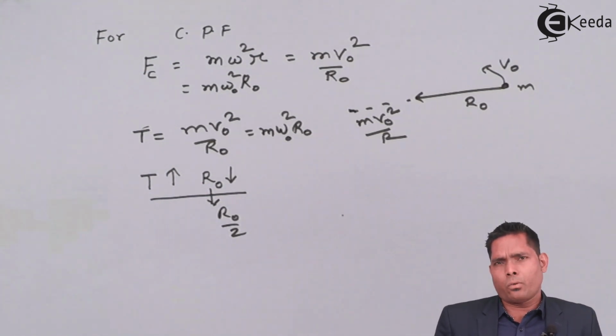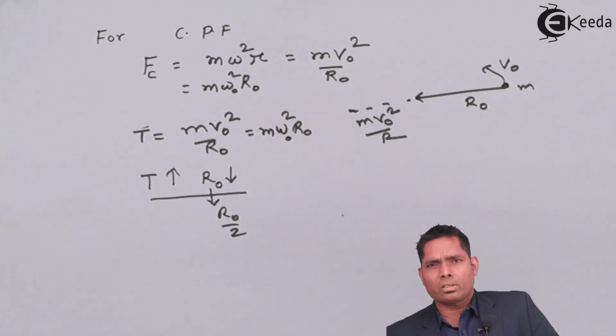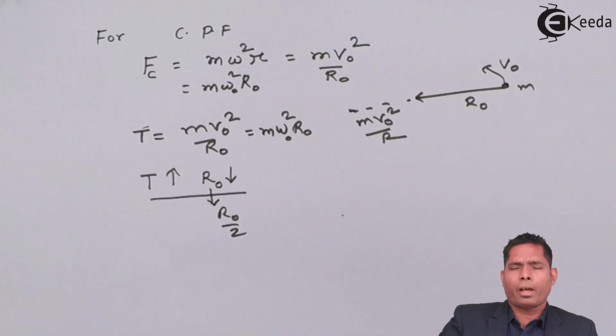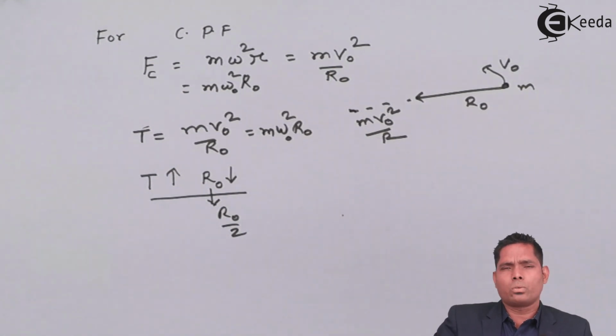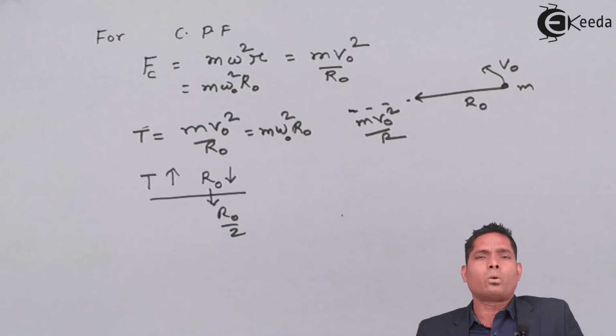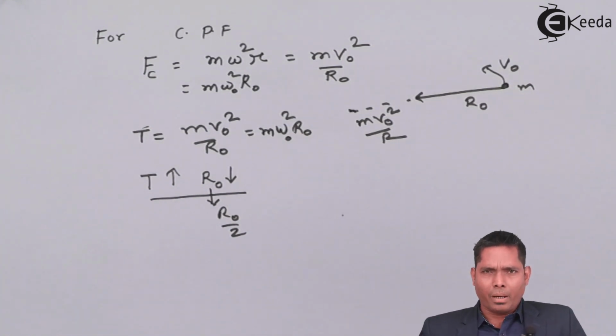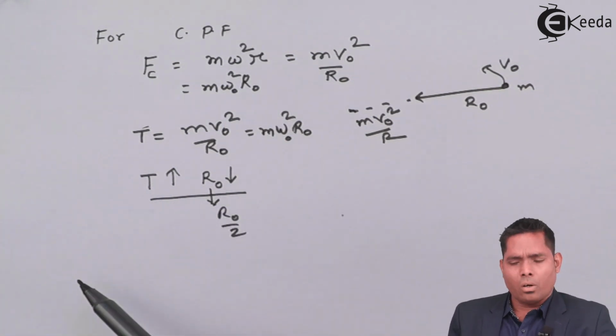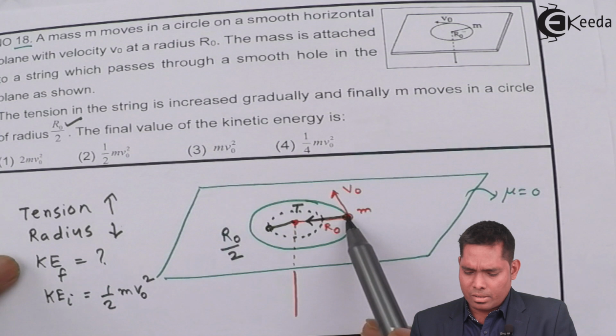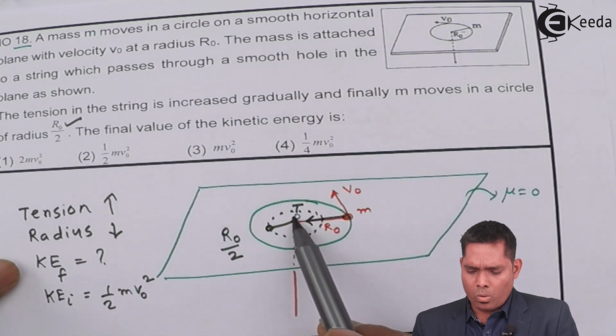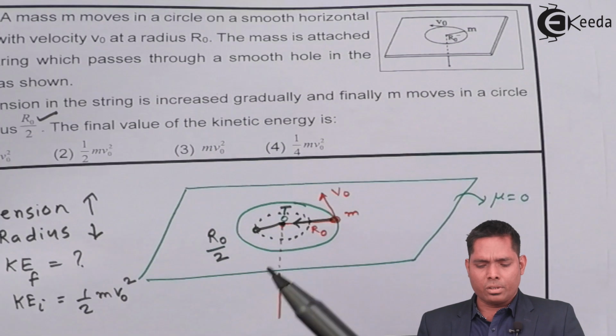I will neglect the gravitational force, but if I do consider it, then the normal reaction and the gravitational force, being equal, will provide no torque about the center of the circle. And the line of action of the tension passes through the center. If this point is O, then torque about this point is 0.